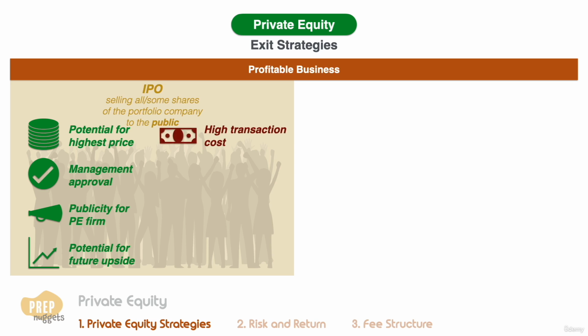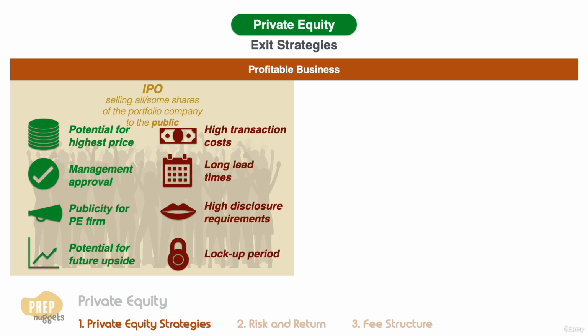Disadvantages include high transaction costs paid to investment banks and lawyers, long lead times, high disclosure requirements, and potential lock-up period, which bars selling shares for a specified period. IPOs are usually only appropriate for larger companies with attractive growth profiles.